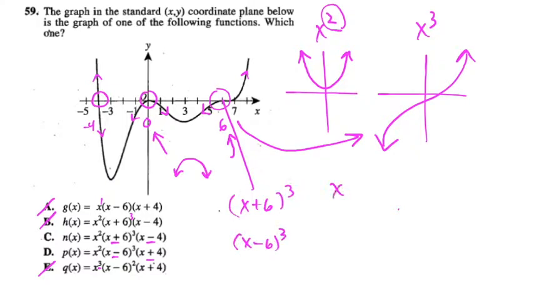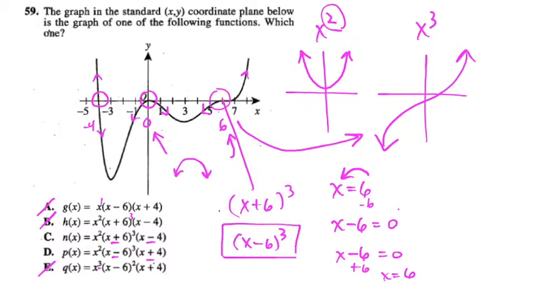Well, it's the point x equals 6. If we were to express x equals 6 as a binomial, that would be x minus 6 equals 0. So if we bring the 6 to the other side by subtracting, that's x minus 6 equals 0. Or if we bring the 6 back over, we get x equals 6. So it's going to be the x minus 6 cubed, which means that the answer is D.